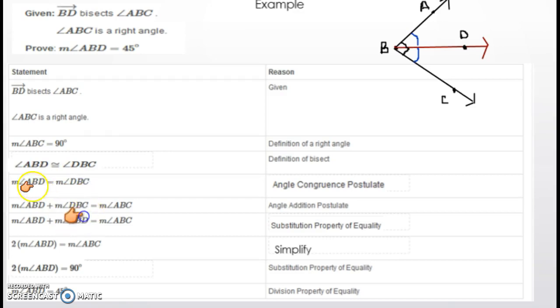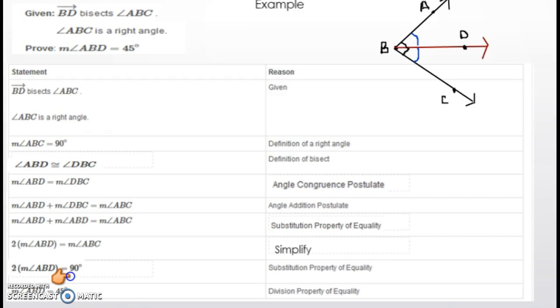So they have substituted this in for this. Okay, so that is the substitution property of equality. And now they're simply combining these like terms. These two are the same, so we've got 2 times the measure of ABD. That you can simply call simplifying or combining or adding like terms.